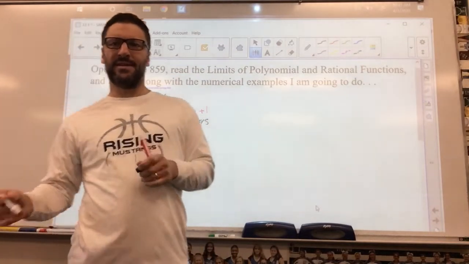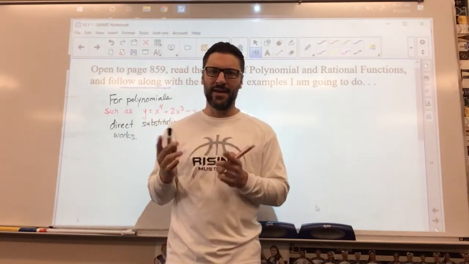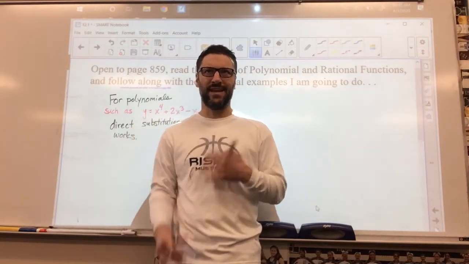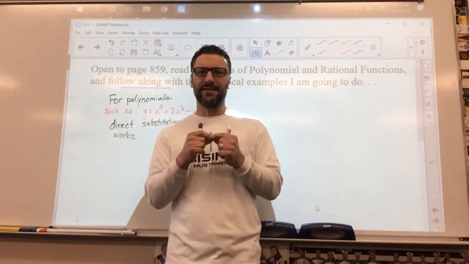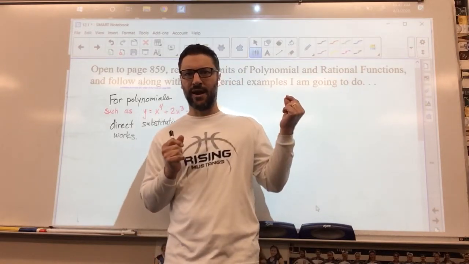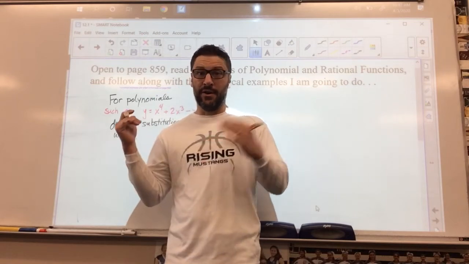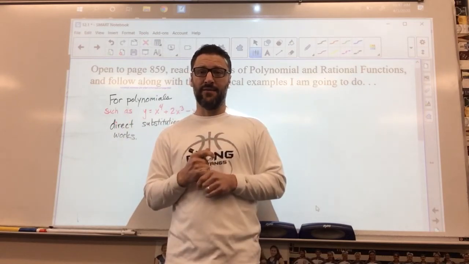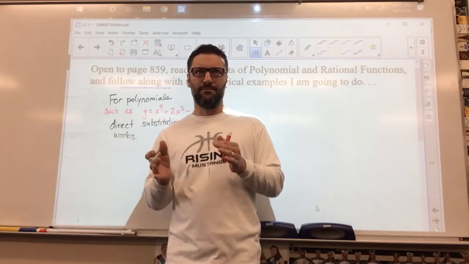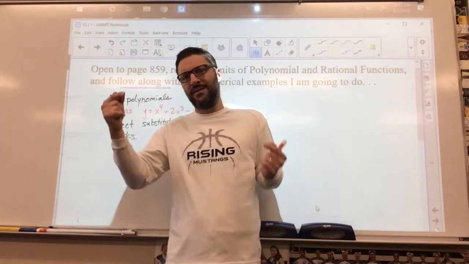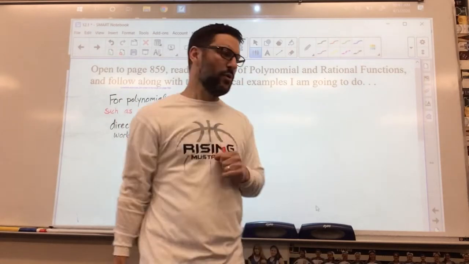And what that means is if I have a number and it asks me for the limit as x goes to 2 or 4 or whatever that number is, I can take that number and plug it right into the graph, or into the equation, and find the value. Or I could set my table up so that the table shows the values that occur on each side of the point.